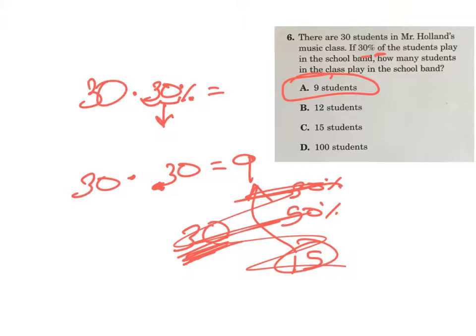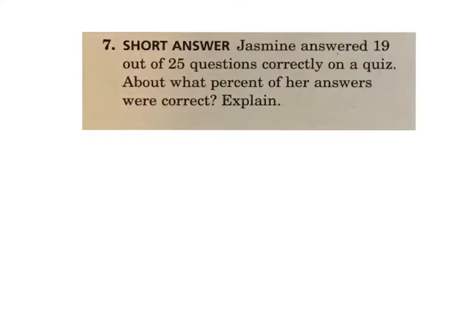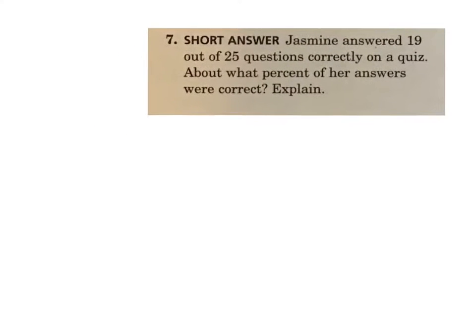All right. Number 7. All right, this is a short answer. Jasmine answered 19 out of 25 questions correctly on a quiz. About what percent of her answers were correct? So she got 19 out of a total of 25. Now, you could solve this a bunch of different ways.